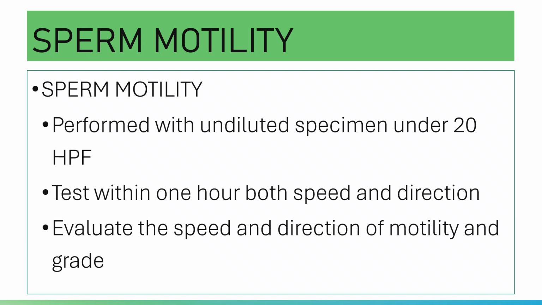Sperm motility should be performed with undiluted specimen under 20 high power fields, or you evaluate 200 sperm cells. And please note, you test within 1 hour both the speed and direction of motility and you grade them. Soon as we move through, we'll take a look at the grading for the sperm motility.